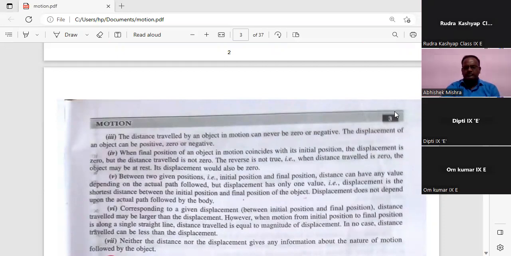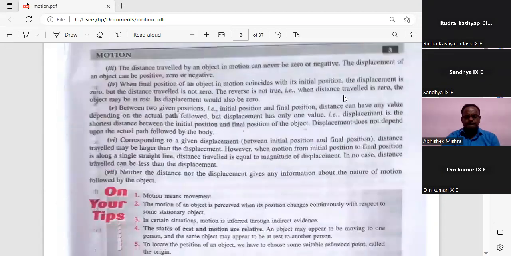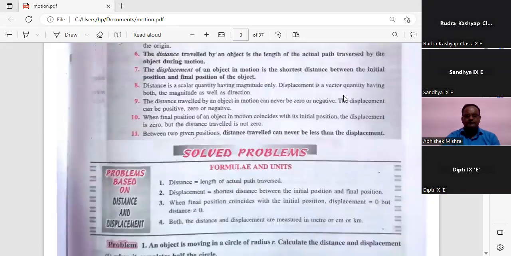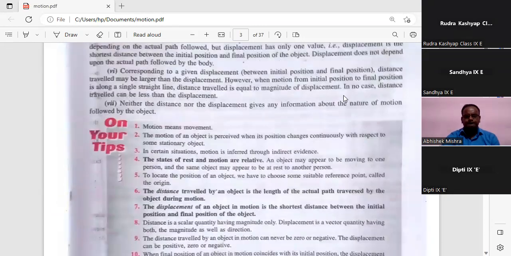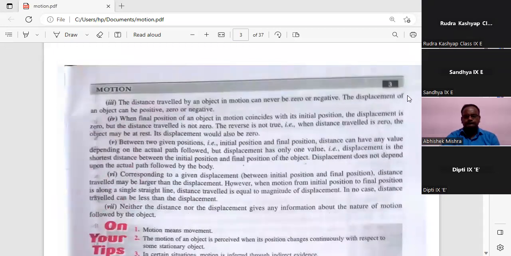Okay, Rudra, unmute yourself. Yes, sir. Tell me, Rudra. The actual path or length traveled by a body during its journey. Okay, fine. Good, Rudra.